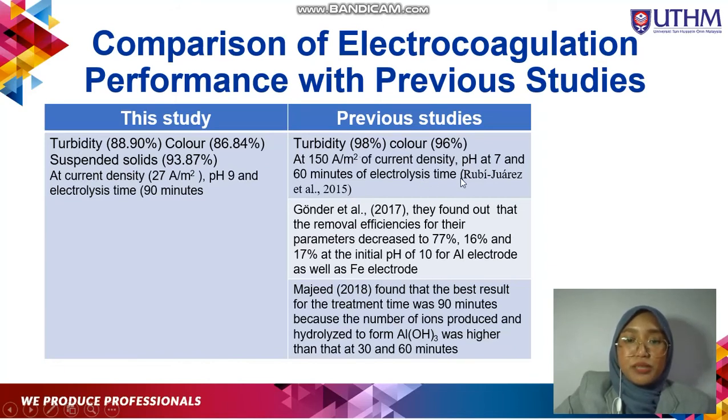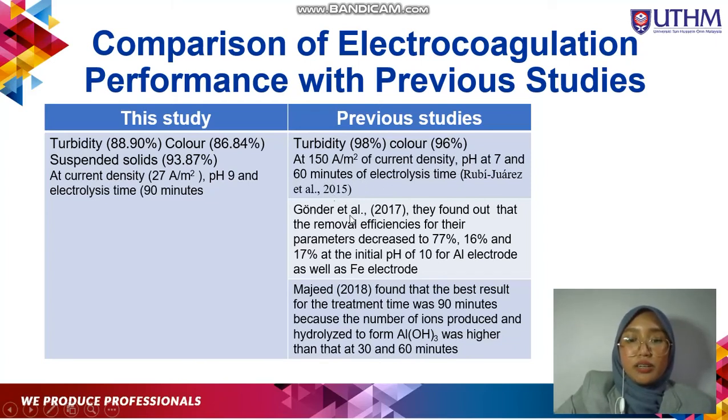Ruby Juarez got 98% of turbidity and 96% of color at 150 ampere per meter cube at pH of 7 and electrolysis time of 60 minutes.